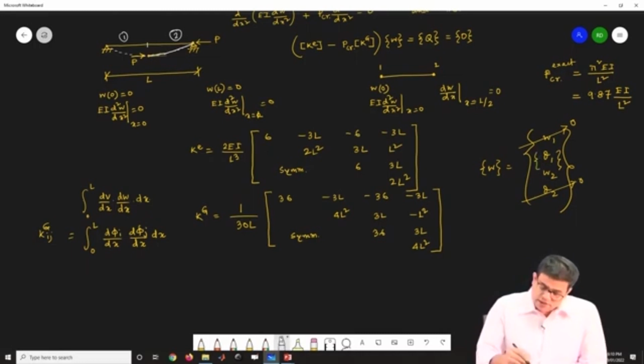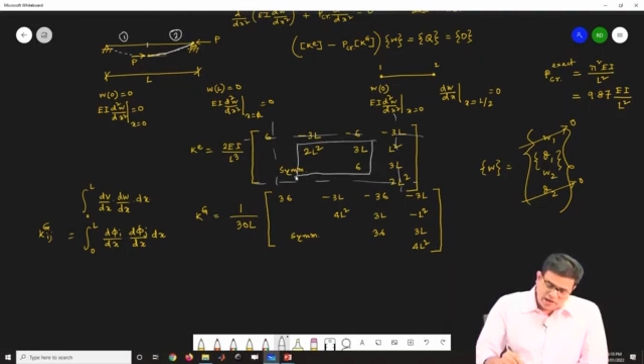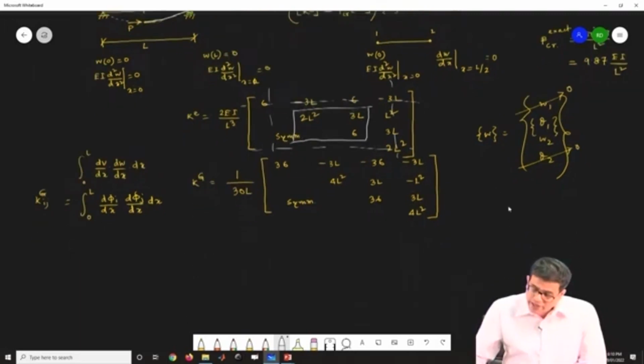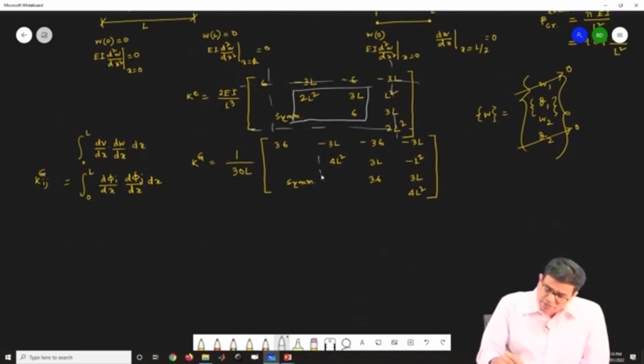These terms will go out, and naturally only this portion of the matrix is our effective matrix. So, the eigenvalue problem will be the determinant of this matrix.